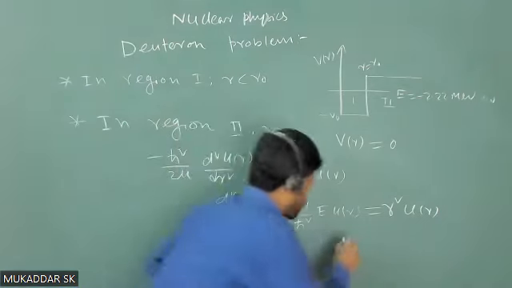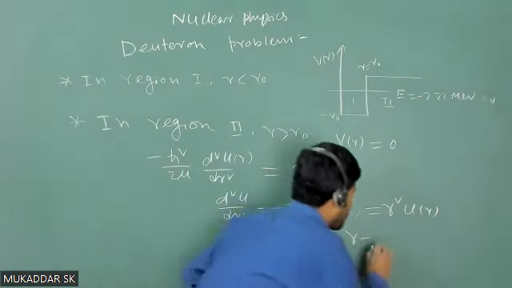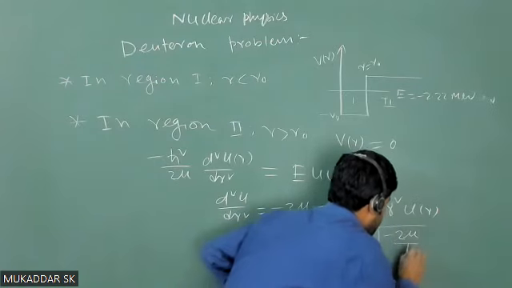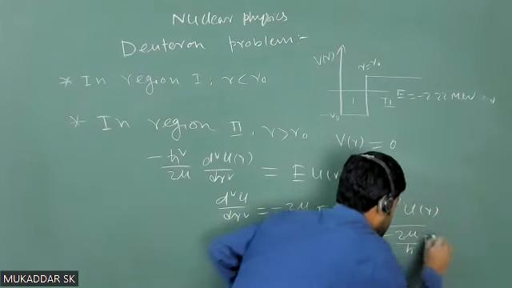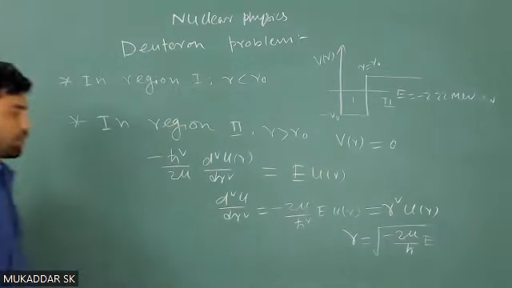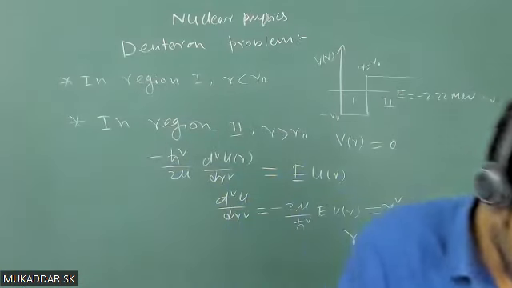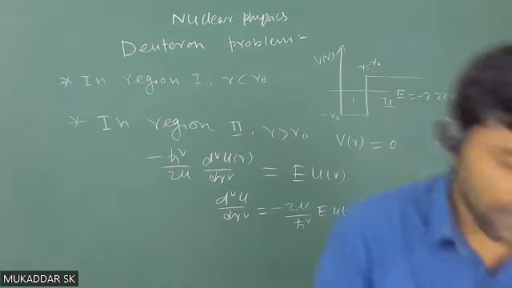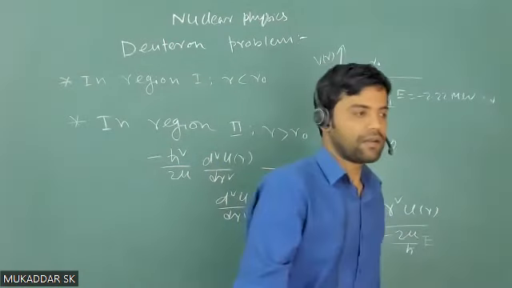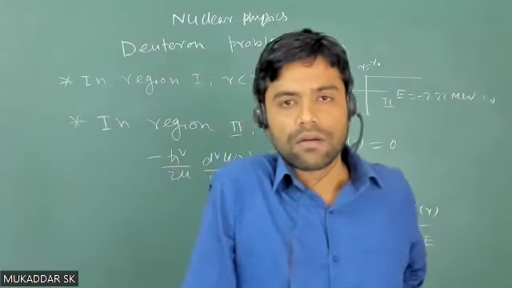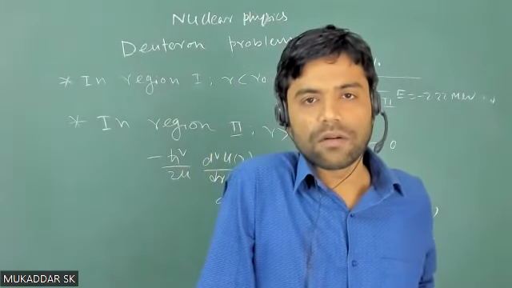where gamma is how much? Gamma will be minus twice mu by h cross square E. But how did I use gamma? Again, this gamma is your propagation vector that basically represents the direction of propagation, and the direction of propagation cannot be some complex or imaginary number.